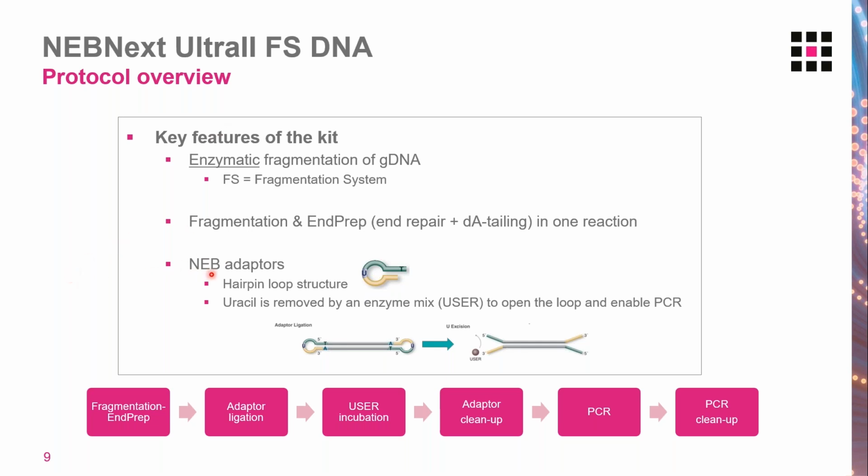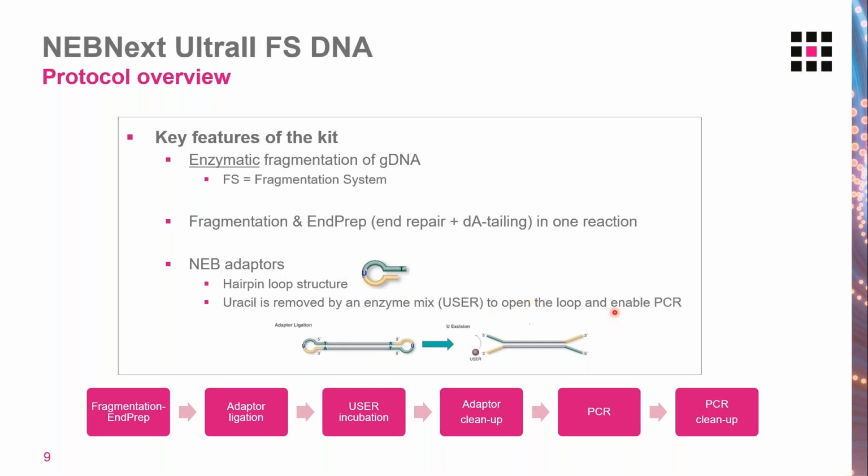With this kit, we can use the NEB adapters. These adapters have a hairpin loop structure with a uracil at the end. And this uracil can be removed by the action of an enzyme mix called USER.